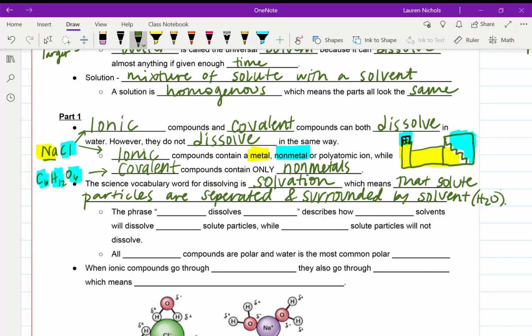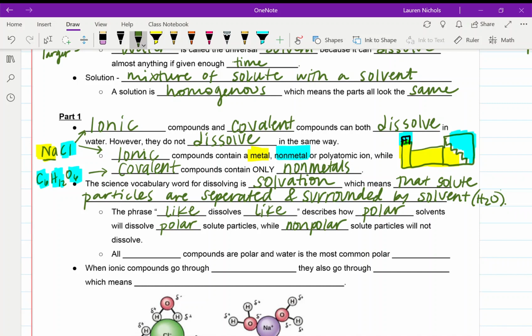And so the phrase "like dissolves like" describes how polar solvents will dissolve polar solute particles, whereas non-polar solvent particles is not going to dissolve.